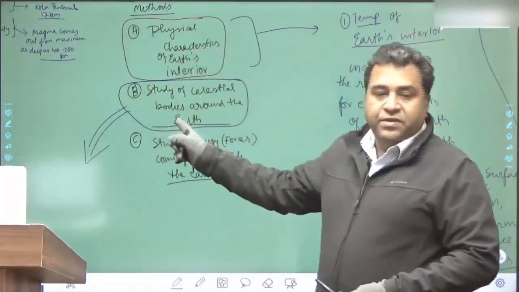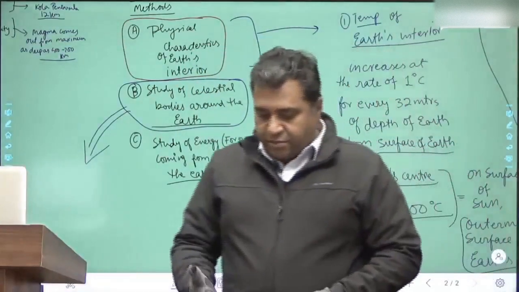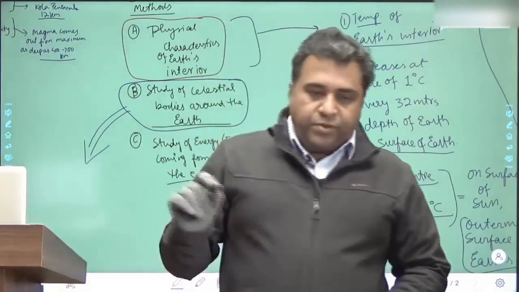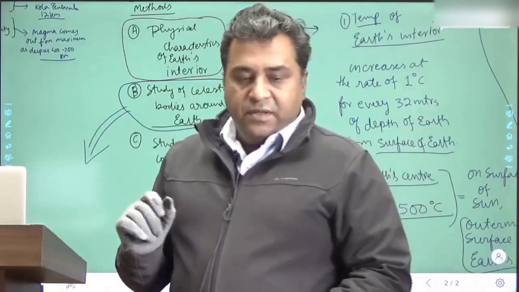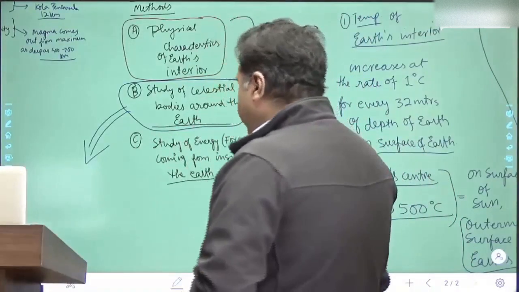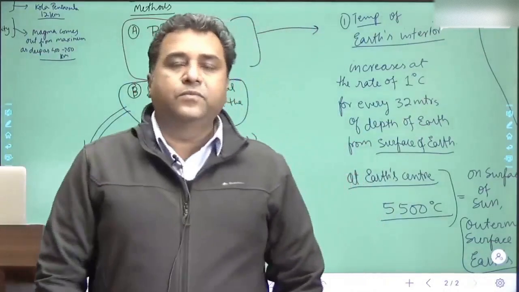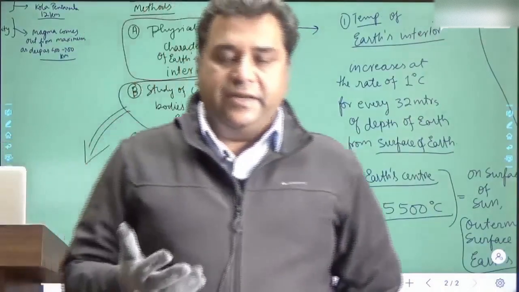The second indirect method. How the study of celestial bodies helps us to understand the interior. Now let us understand this. Okay, so you can write this. Next paragraph. The study of celestial bodies also helps us in understanding the interior.